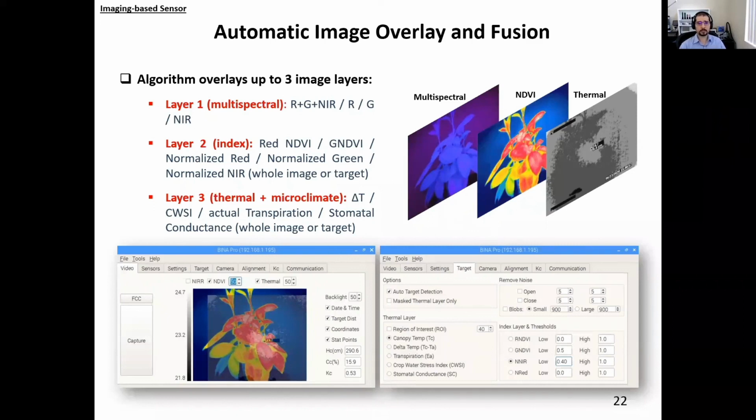And then layer 2 is what I call the index layer. It could be red NDVI, GNDVI, or whatever the imager, with the embedded functions and models, is capable of calculating. And layer 3 is the combination of thermal data and microclimate data, and it could be delta T, CWSI, actual transpiration, etc.